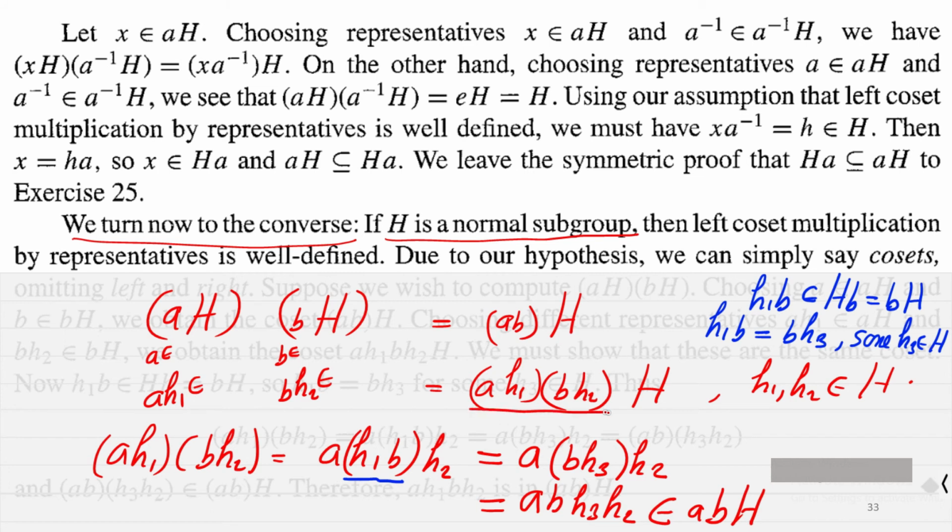So thus we proved that abH and ah1 bh2 H are the same cosets, which means that the coset multiplication is well defined.